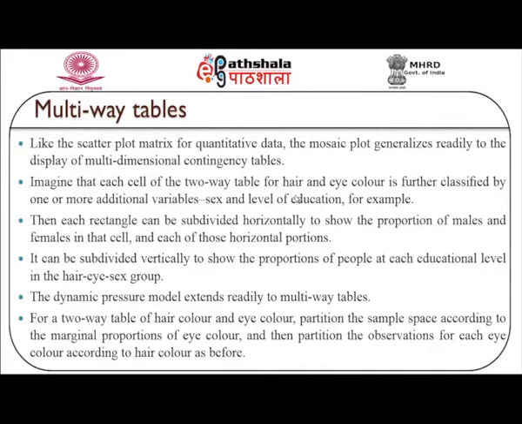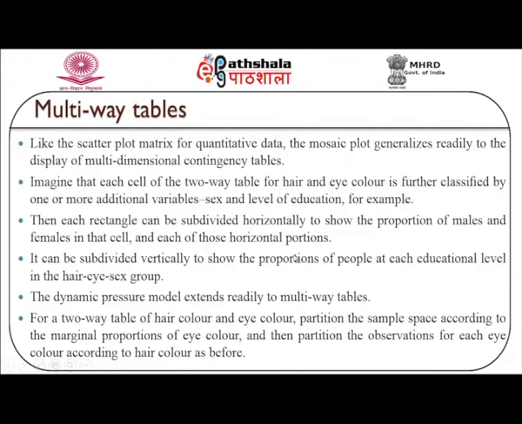For example, each rectangle can in turn be subdivided horizontally to show the proportion of males and females in that cell, and each of these horizontal portions can also be subdivided vertically in turn to show the proportion of people at each educational level in the hair, eye, sex group. The dynamic pressure model extends readily to multi-way tables.